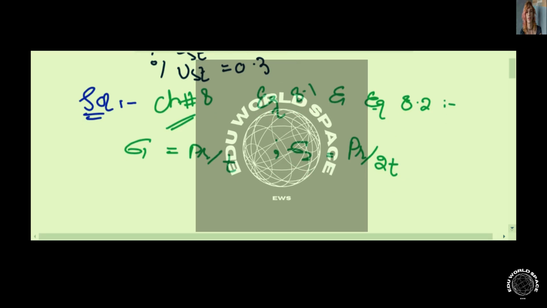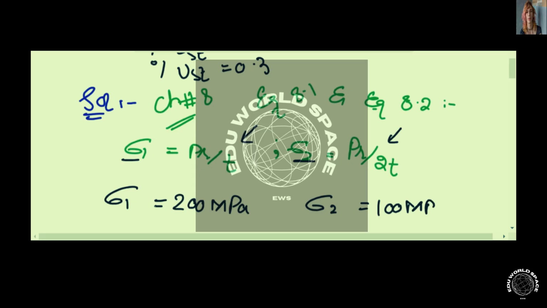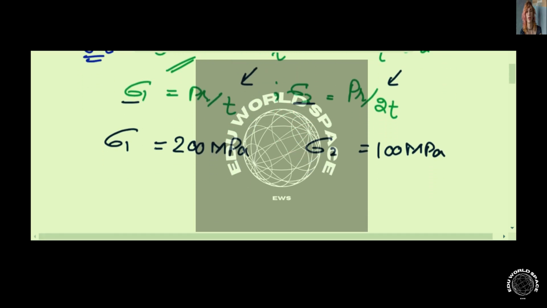Now what we are going to do over here is calculate the values of these stresses, and just plug in the given values that we have. So we get that sigma sub 1 is equal to 200 megapascals and sigma sub 2 is equal to 100 megapascals.